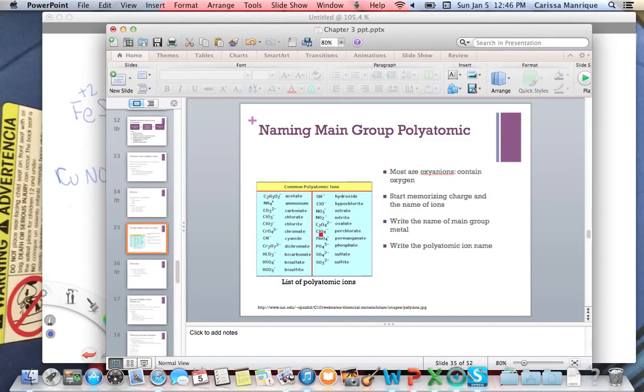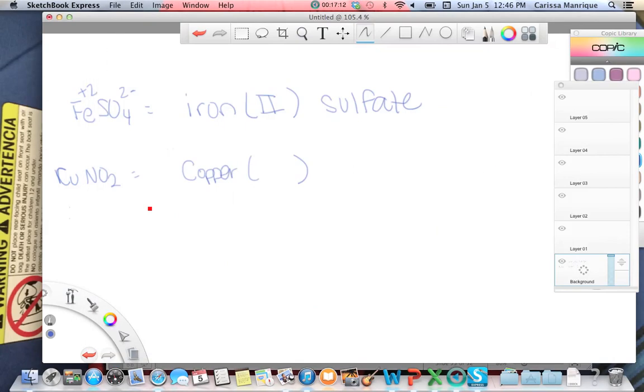NO2 nitrite with a -1. So nitrite. And then we write over here, this has a -1. So what charge does copper need to neutralize that? +1. So this becomes copper 1 nitrite.